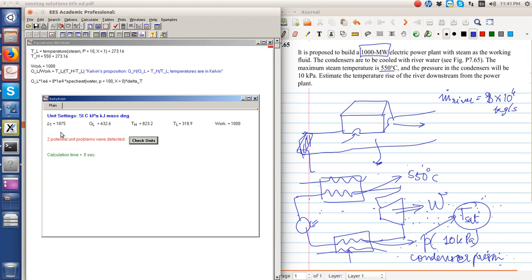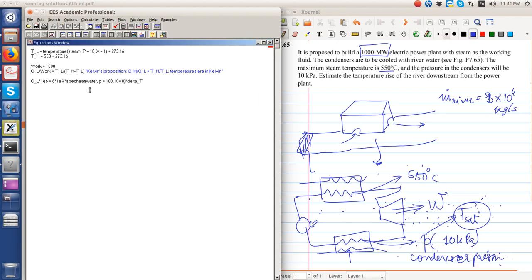So the delta T. Okay, there's a small mistake once again, because the specific heat is in kilojoule. The fundamental property is, this was in joule, this was in kg per second, and this was in kilojoule per kg. So that is why we must convert it from kilojoule to joule.